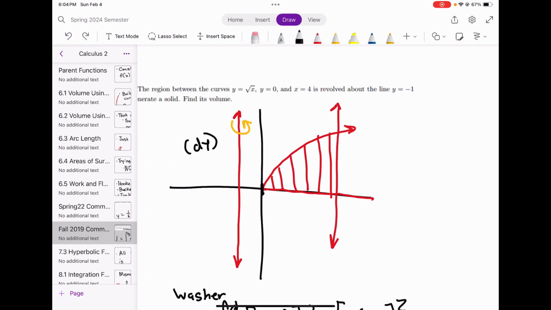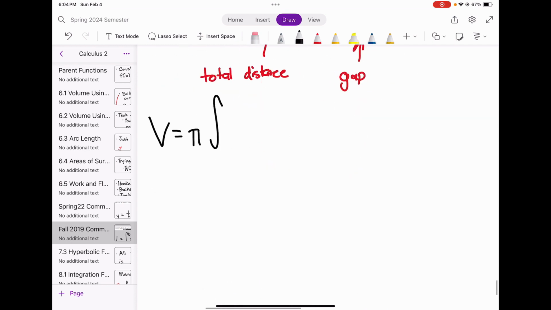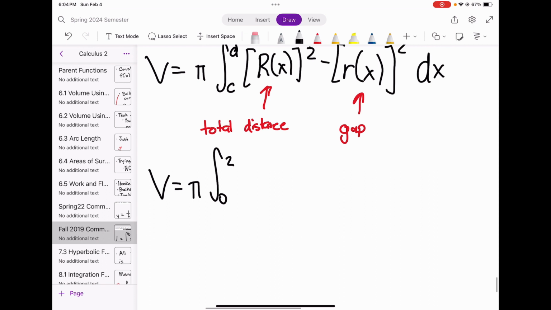So what we have to do is find out what this point is on the y-axis, which is 2, because you just plug in 4 into x, and you get 2. So this is y is equal to 2. So it's from 0 to 2, not 0 to 4.